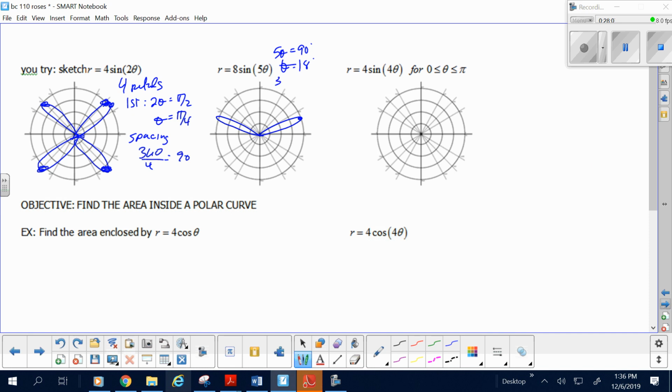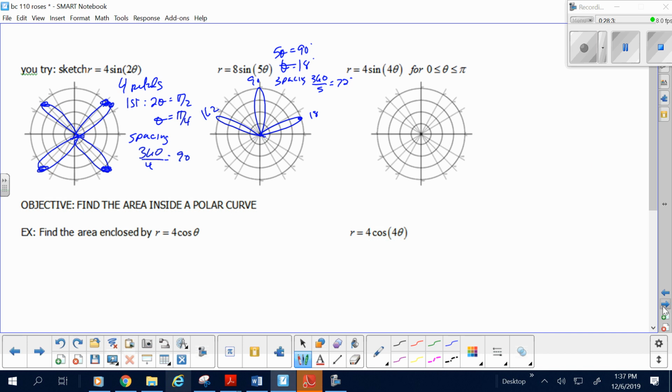What's the spacing? 360 divided by 5 is 72. So if I start with 18 and I go 72, where's the second? 90. 90, go 72, that's 162. Not that I know where 162 is, but then go 72 from there, that's 234.